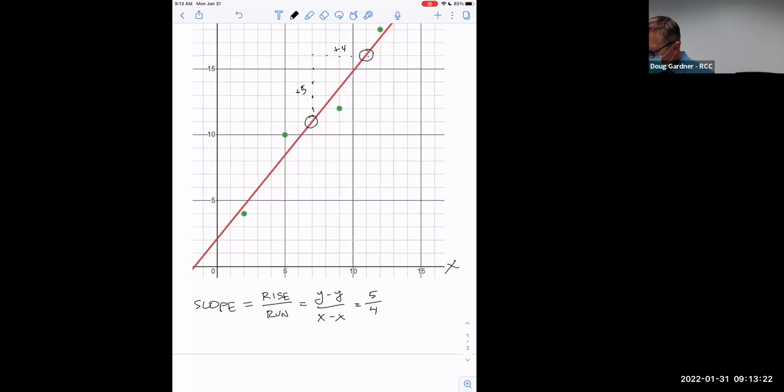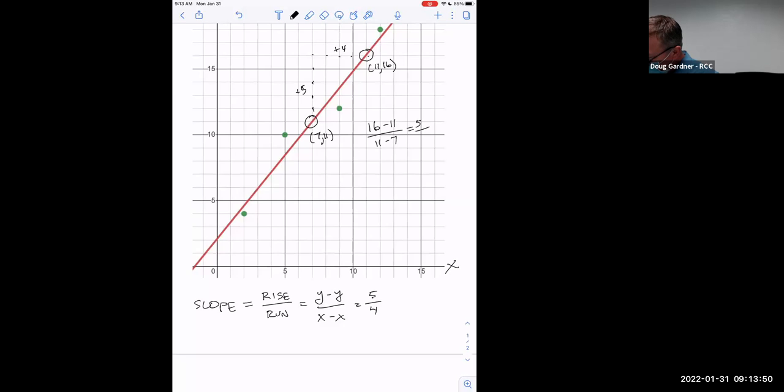Easy to count. Or what's the coordinates of that point? Well, let's see. This is 7, 11. Isn't this 7, 11? That's the point 7, 11. And this point over here is 11, 16. So there's the 2 points that I see it going through. Does it make sense? I could go 16 minus 11 over 11 minus 7.